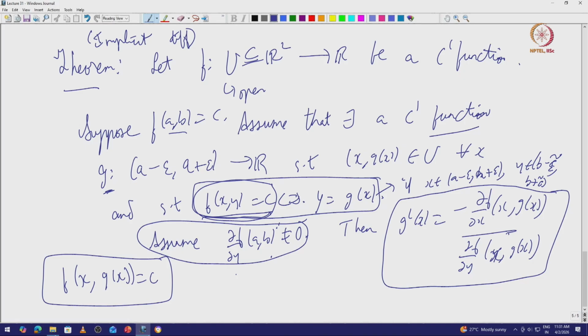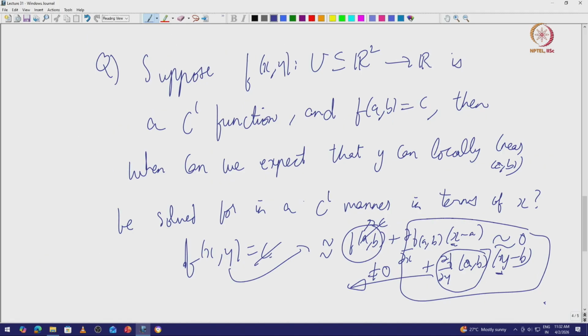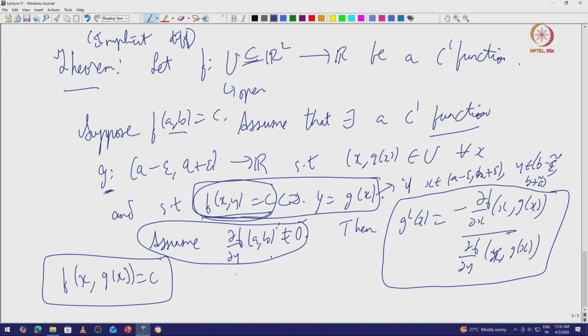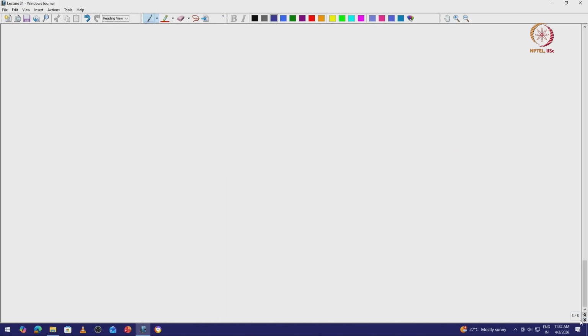If you already know that g of x exists, finding out its derivative is just a matter of applying the chain rule, and I urge you to do it on your own. I won't do it. Okay. So the question is, why does g of x even exist? That is the real question, which is basically our previous question. Okay. Right. So here is the first version of the implicit function theorem.